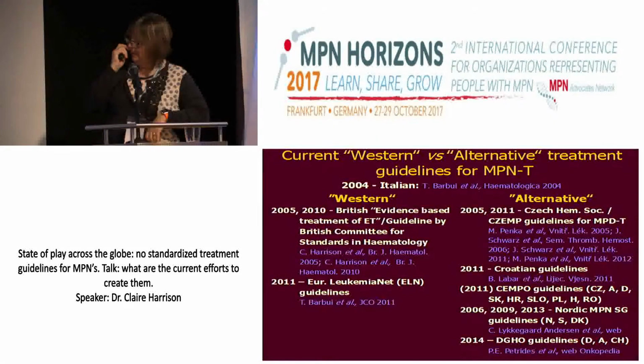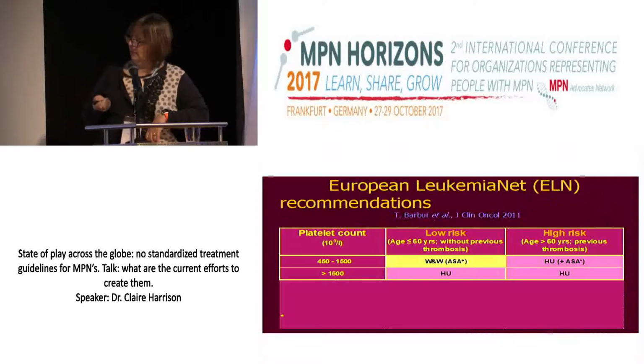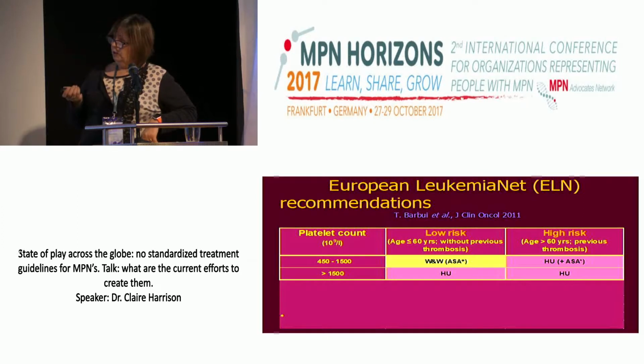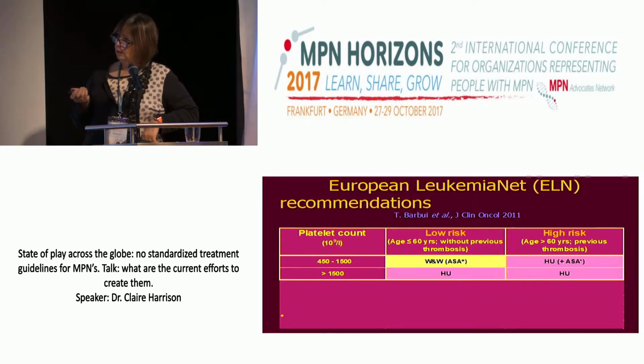In fact, this is taken from a slide from one of the key authors of these CHEMPO guidelines, dividing the West and the East. There are some significant differences here between what would be done and not done for these patients. For example, in Western Europe, we would not treat a young ET patient, platelets less than 1,500, other than perhaps with aspirin.